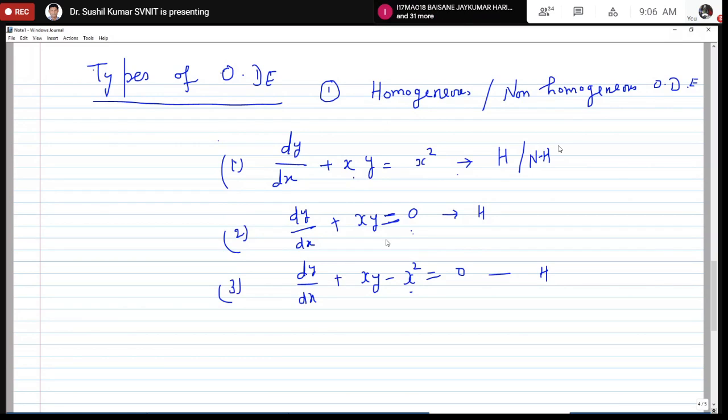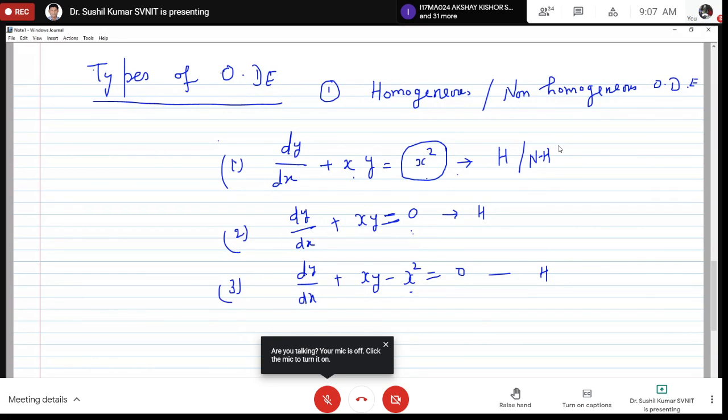So the second equation is homogeneous. Why is it homogeneous? What is the problem with this x square term? Due to this x square term it is non-homogeneous, no?